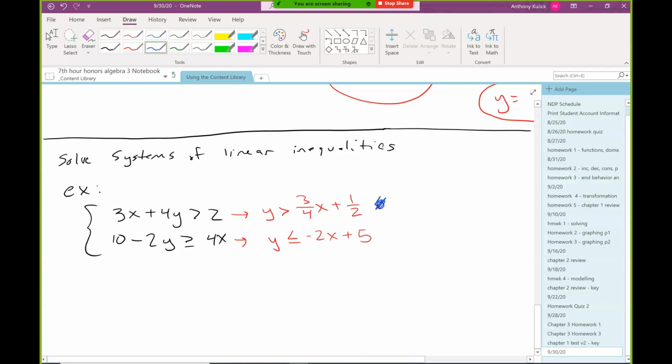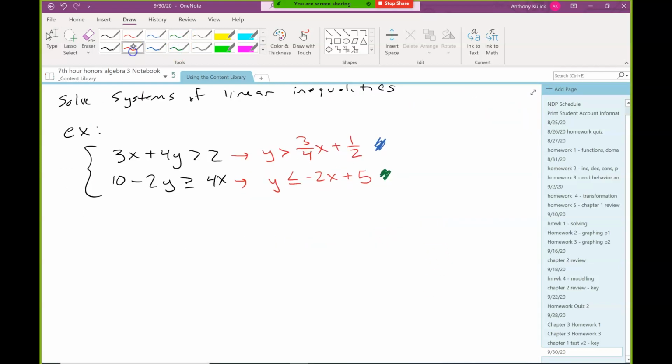So I'm going to graph this equation with blue, and this equation with green. It really doesn't matter which x's or y's you pick, but I'm going to try to pick x's so that I get a whole number.